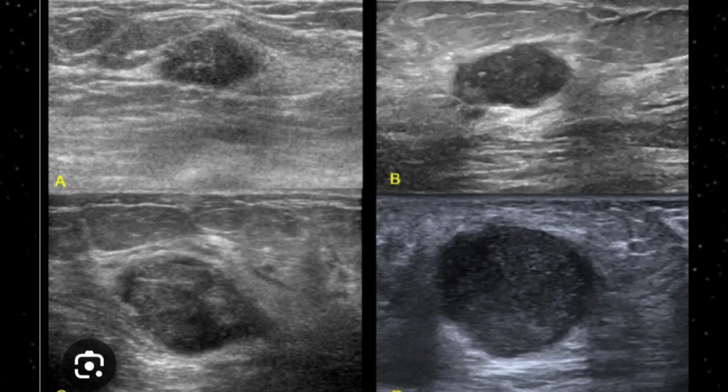So this is not suitable for malignancy. Look at B. It is slightly hypoechoic, and this will fall within the category of malignancy because of two factors. The one is it has irregular margins, and the second is it's markedly or predominantly hypoechoic.